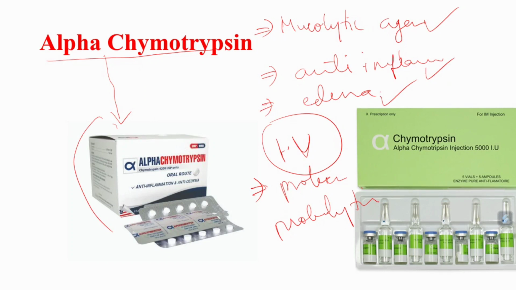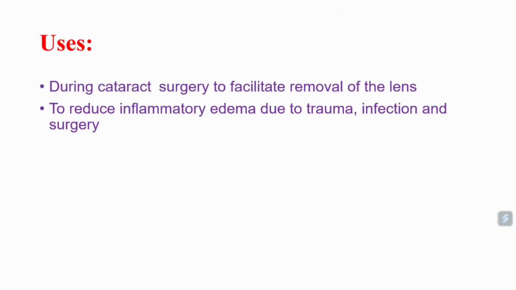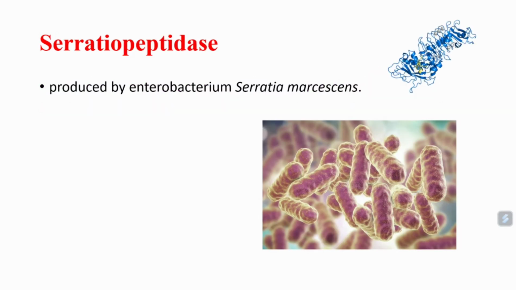Now, if we see the specific uses of alpha chymotrypsin, it is used in cataract surgeries. During cataract surgeries, it facilitates the removal of the lens, and it is used to reduce inflammatory edema due to trauma, infection, and different surgical conditions.